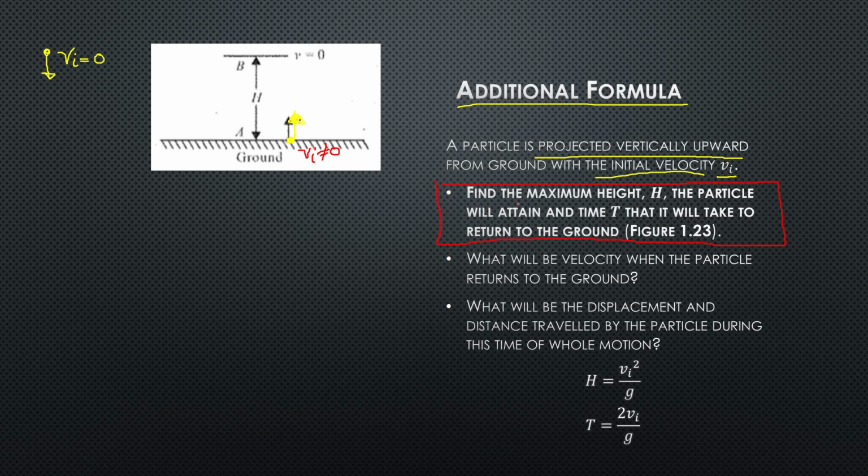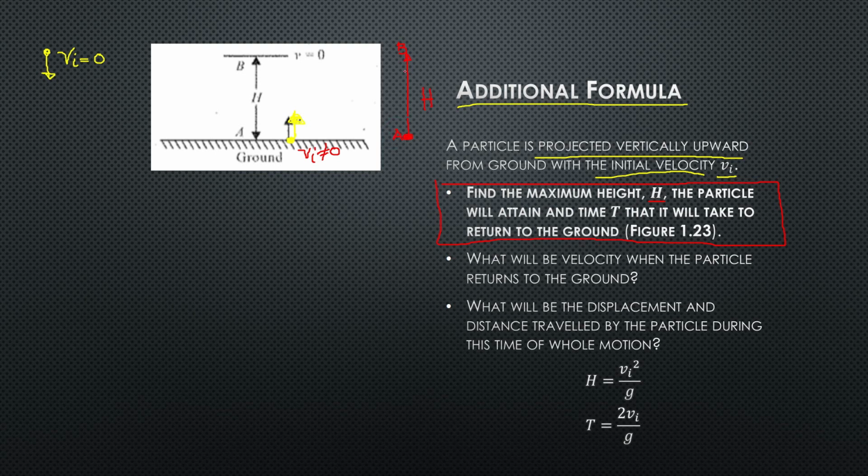So first is the maximum height it will reach. When you throw a ball, let's say from point A going up, then reaching its maximum point at point B, this represents the maximum height.